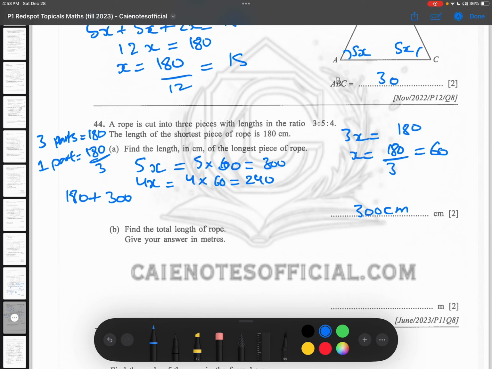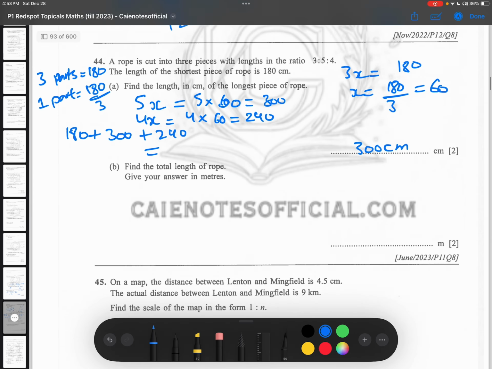This will be equal to 240. So we will add 240 to get the total length. So now 300 plus 180 plus 240. 240 plus 180 is 420, and 300 plus 420 is 720. So this is 720 centimeters. We need our answer in meters, so I will divide it by 100. I will get 7.2 meters. This is our answer.